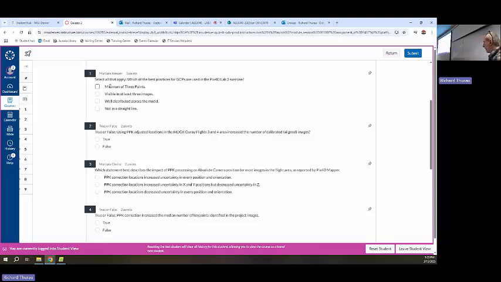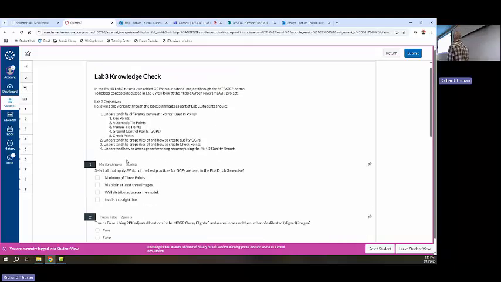These are all the things that PIX4D says are important for quality GCPs. So basically I'm asking you which of the best practices those GCPs have: minimum of 3 points, visible in at least 3 images, well distributed across the model, not in a straight line. So you're going to have to pull open that Lab 3 to take a look at that or rerun it.